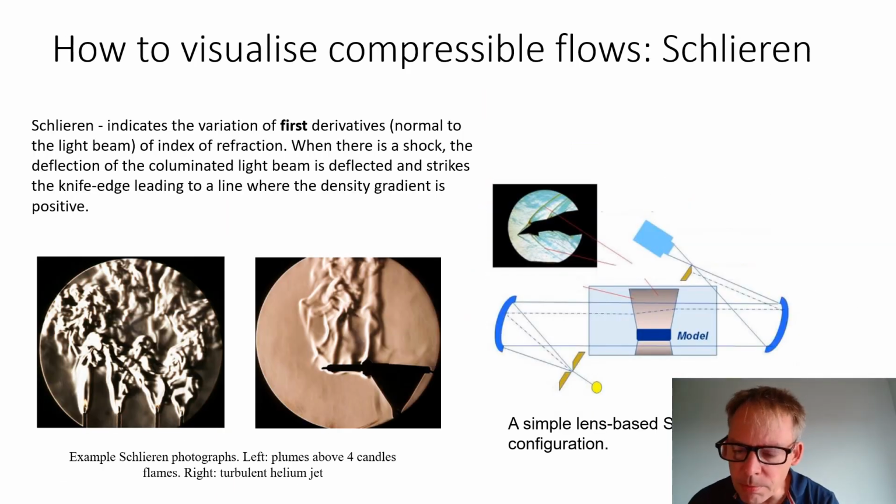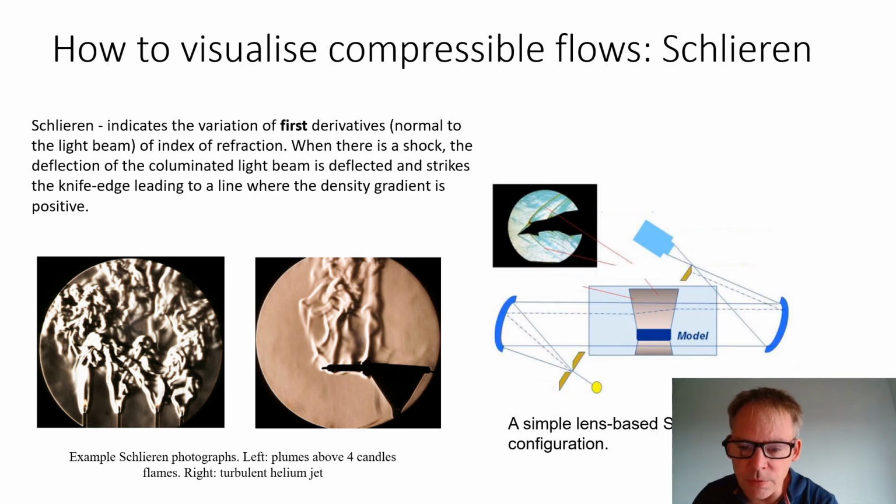Schlieren is much more problematic to set up, but it lets you determine quantitative information. So it's used for measuring density variations. Shadowgraph is just a visualization tool.